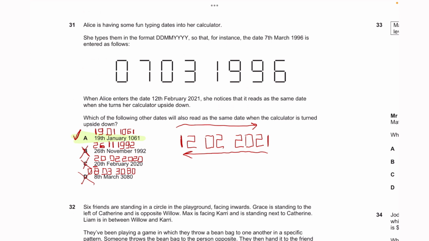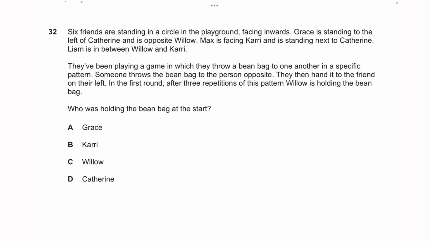Last year's question is more about figuring out the pattern, while this year's paper is finding a date that matches the criteria of the question. So it's actually quite a fun question, if you ask me. Once you understand it, it's not as daunting and hard to solve. It's definitely doable within a minute once you understand how to do this kind of question.